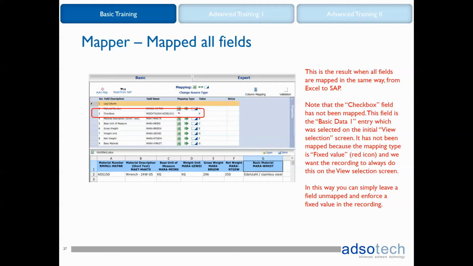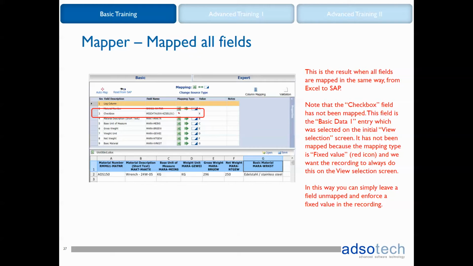So the red pin would still be there in the mapping type. We would just make sure that the value field, the value column there for weight unit, then says kilograms, so kg. As long as the mapping type over there gives the icon red pin, it means that it's a fixed value upload, and the actual value given there in the value column will be the value that goes into SAP every single time.